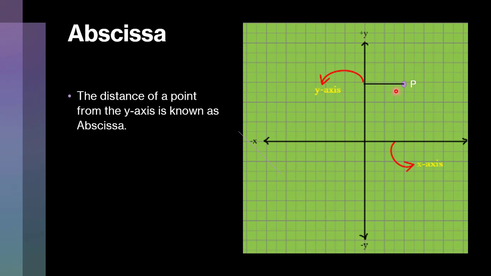This distance is nothing but the projection, the x coordinate of this. That is, if we draw a perpendicular from P to the x-axis, we will get this. Now this length is the same as the distance from the y-axis of the point, and this is known as abscissa or x coordinate of the point.